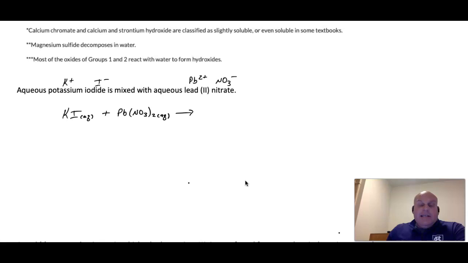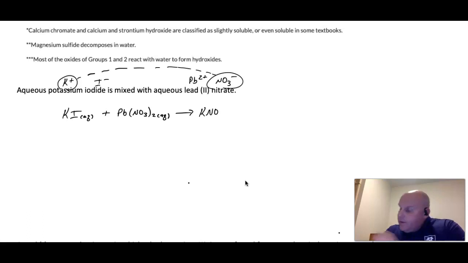Now I'm going to predict the products, and in order to do that, as we saw before for a double replacement reaction, I'm going to rearrange the ions. So this positive potassium ion can only be with this negative nitrate ion. As I cross those charges, I'm going to very deliberately put those parentheses where I'm going to identify the state of that compound and leave it blank for now.